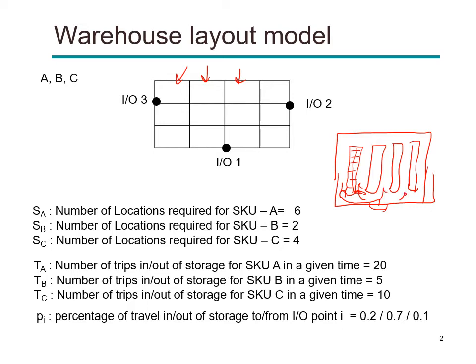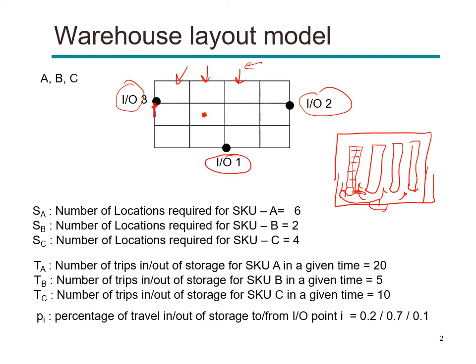Okay, so in this representation over here, we just ignore these aisles and we just say that, for example, if we want to reach this address from this dock, so these are the input-output points. Okay, these are the docks. So, for example, if we want to reach this address from this dock, basically we will use the rectilinear distances unless otherwise stated.